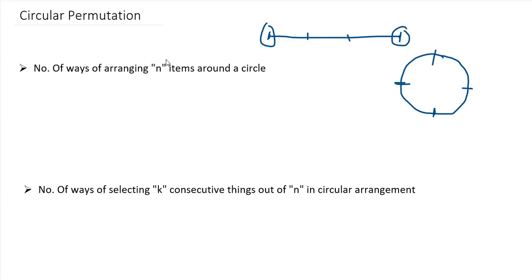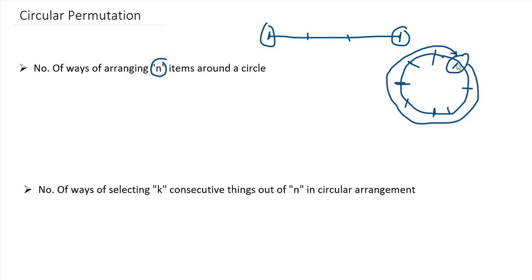Out of these n people, I'll take one person and make him sit at any of these n places. So suppose I make that one person sit at this place. Now this is my reference point. So my seating will start from this point, go all the way around and end at this point.